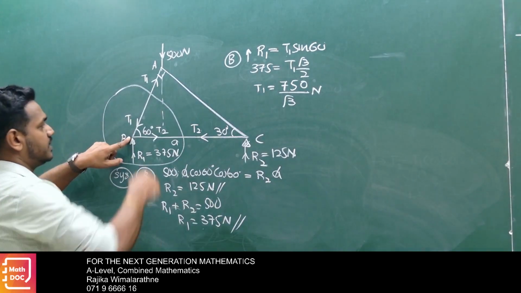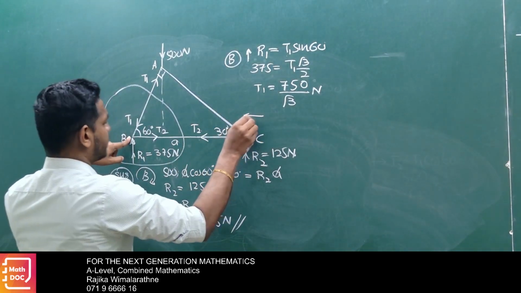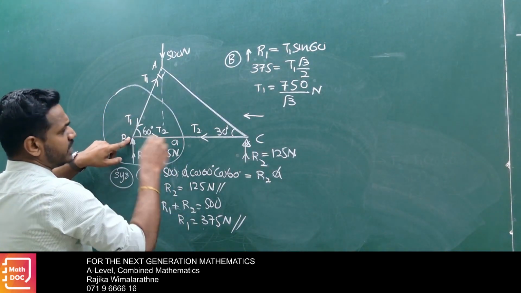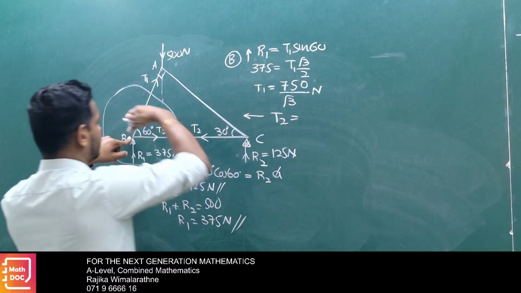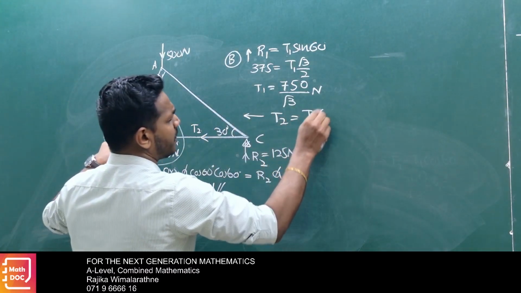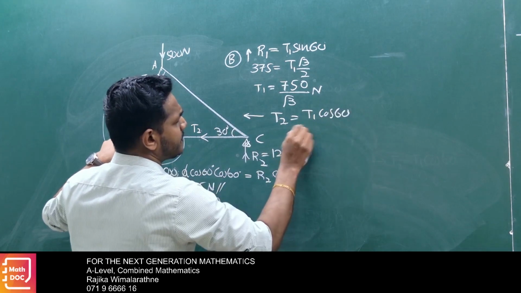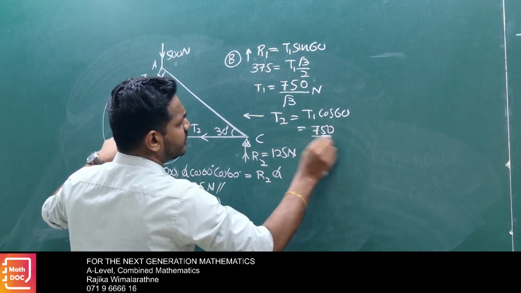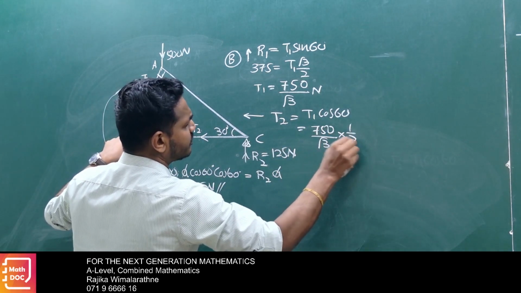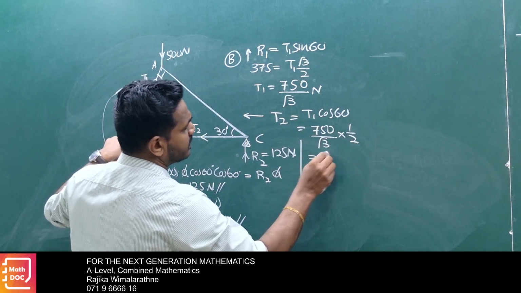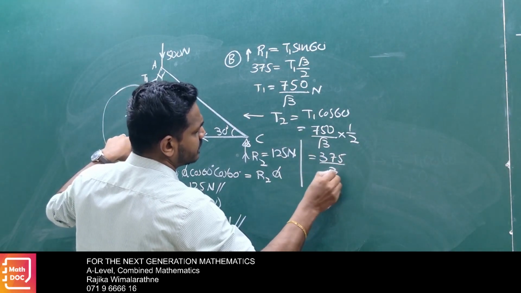Then resolve horizontally, T2 equals T1 cos 60, 750 over root 3 times half, 375 divided by root 3 Newtons.